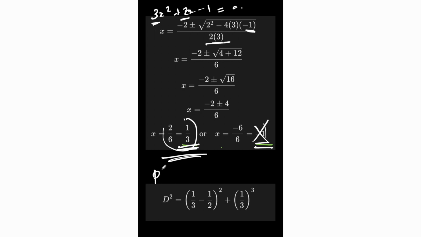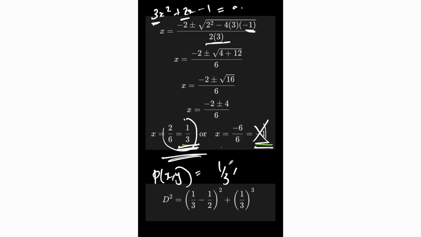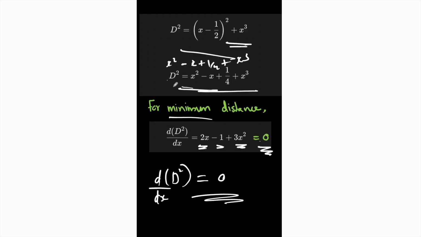That means point (x, y) is 1 by 3 comma, what will be y? y is 7 plus x raised to 3 by 2. You don't have to calculate y, just for the time being keep it in terms of x, because we have the distance in terms of x alone, right?